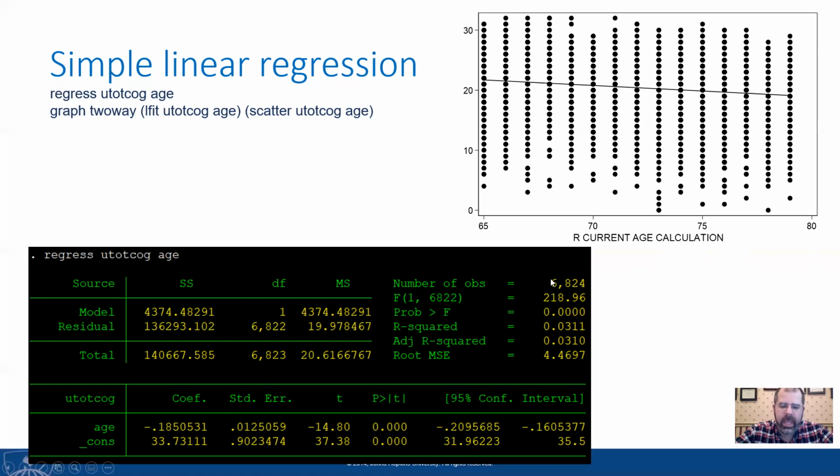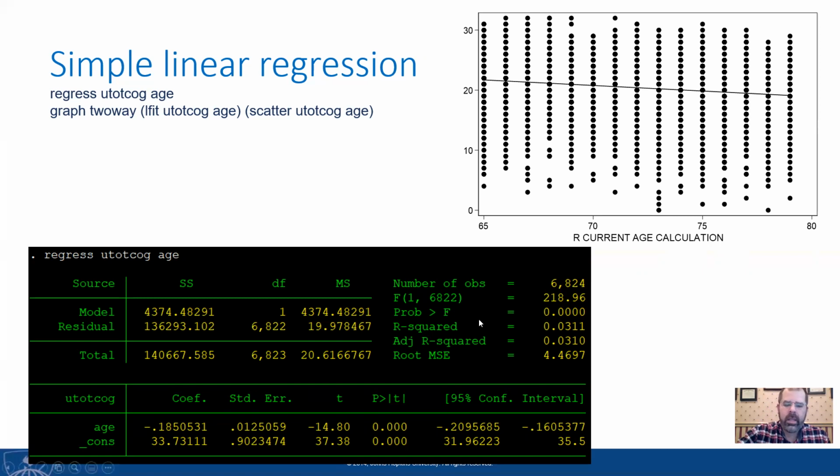Looking up top in the regression output, we do see, as we saw earlier, that there are 6,824 observations in this sample. The F statistic is highly statistically significant. The F statistic is basically telling us that the combination of covariates, in this case just age, is highly related to the outcome of interest.